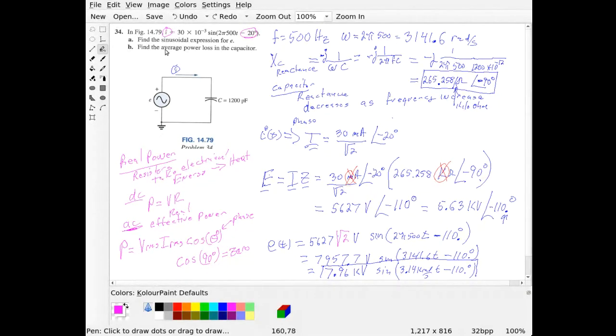If we ask what is the average power loss in a capacitor, the answer is 0. And if we wanted to put it in Blackboard, it would be 0.00 watts. That would be the Blackboard answer.